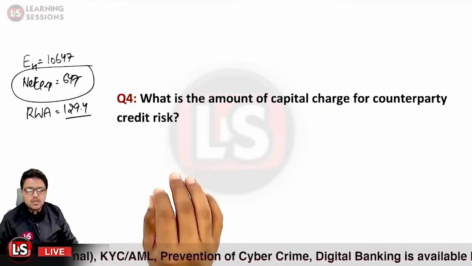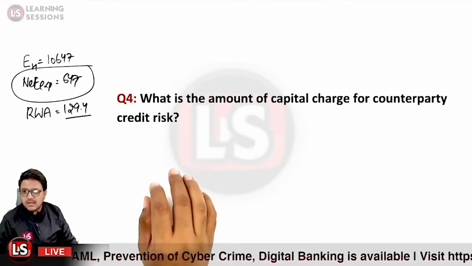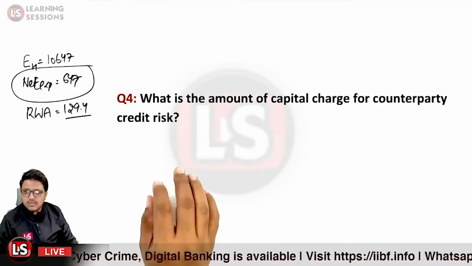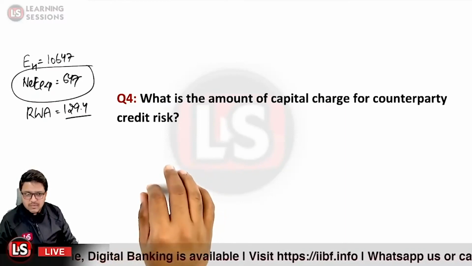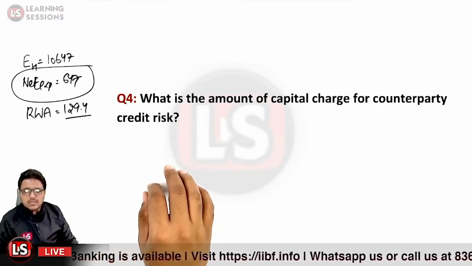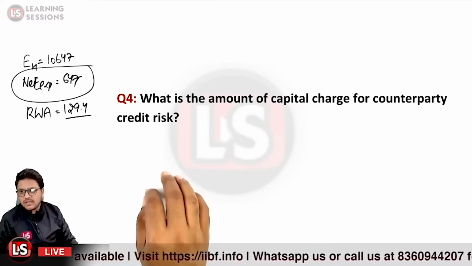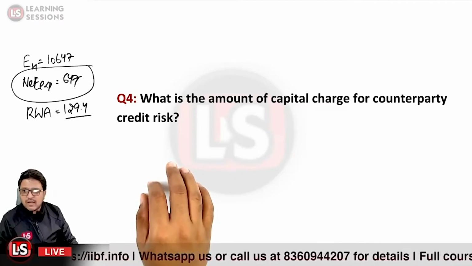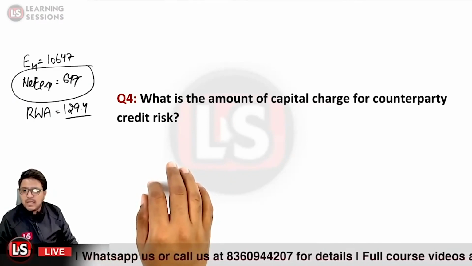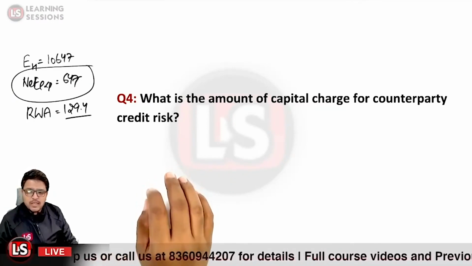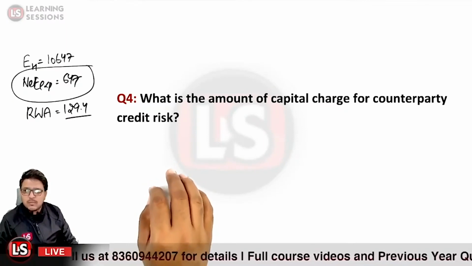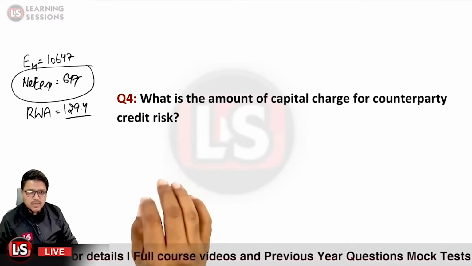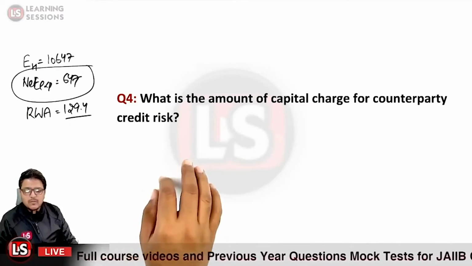So there is no counterparty credit risk in this particular case. Is that clear? But there is a risk weight asset associated with it, and for that risk weight asset we need to maintain the counterparty credit risk capital, and that would be related to what?